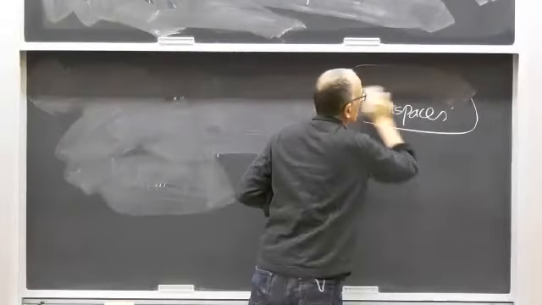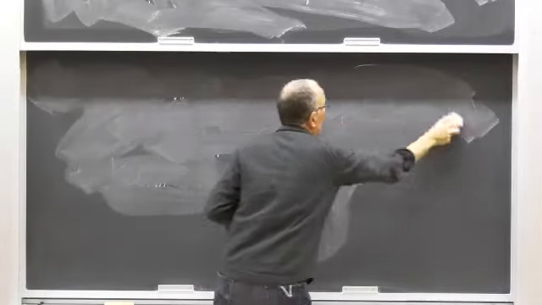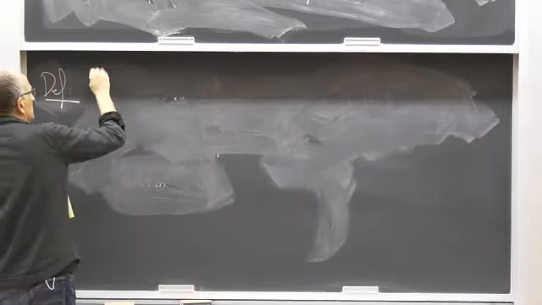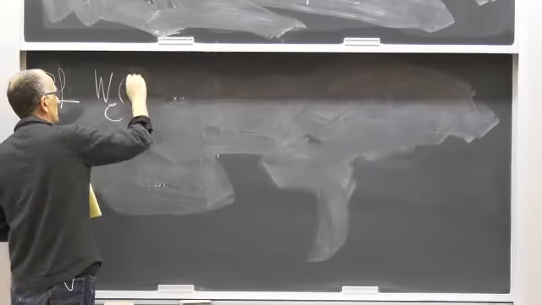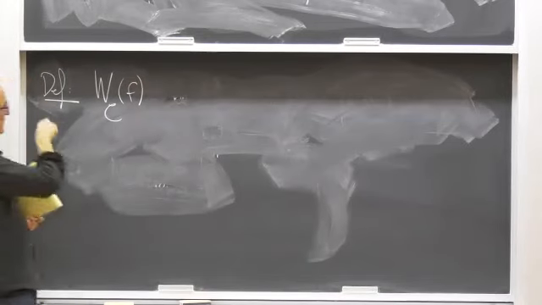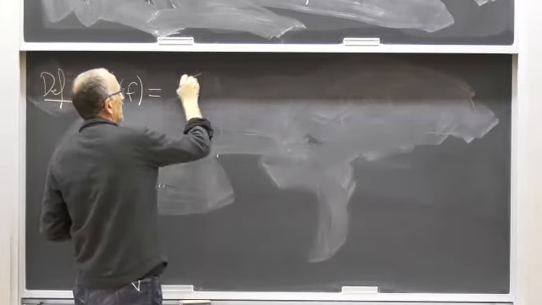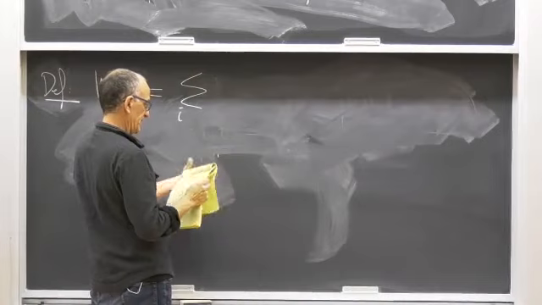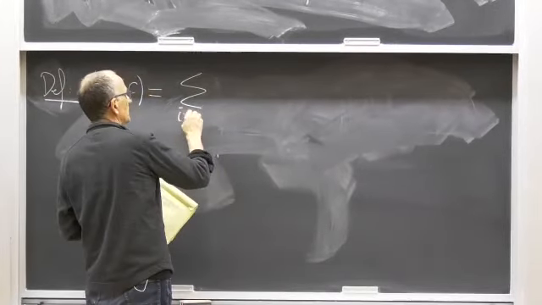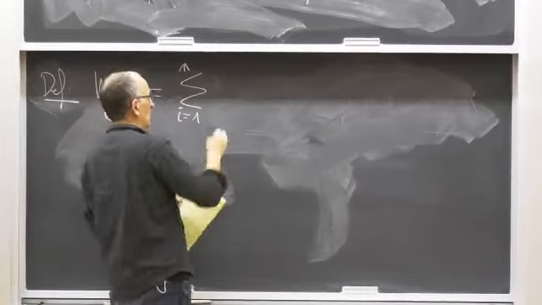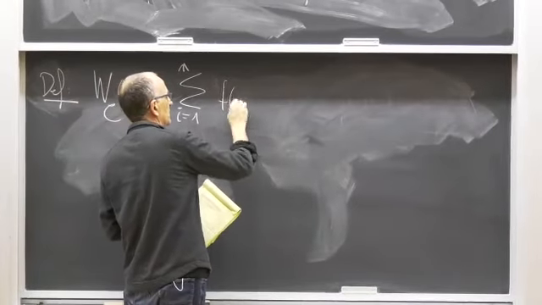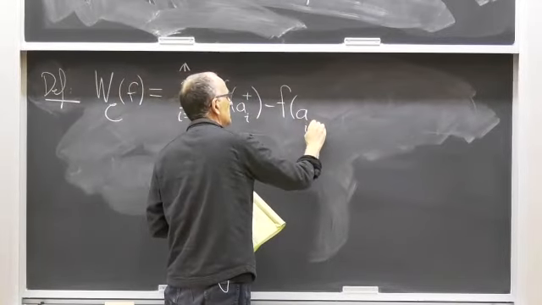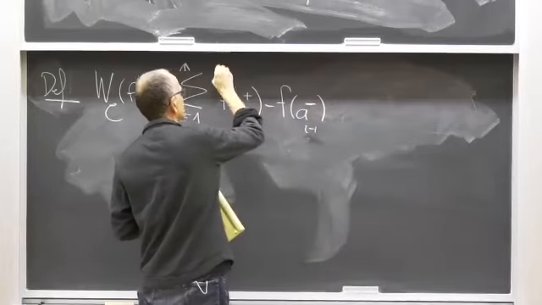So by definition, the winding number of f restricted to C going into S1 is the sum, I goes from 1 to n, depending how I parameterize it, of f of AI plus minus f of AI minus 1 minus.